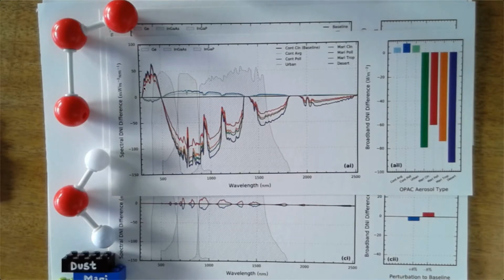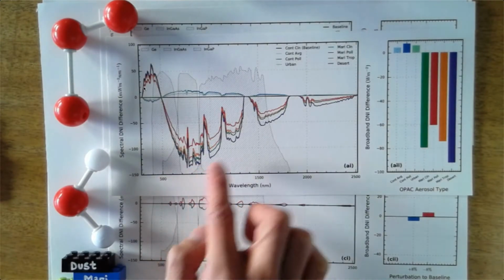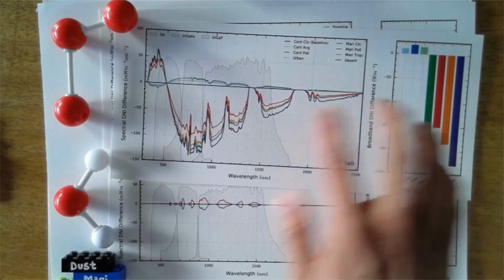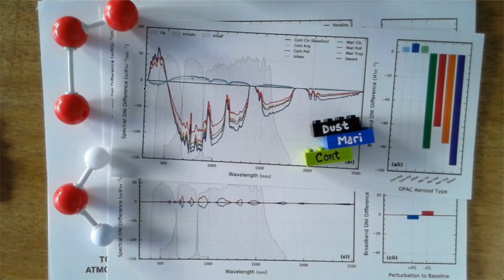And the main variation also occurs around the band gap region, which is most important as far as developing solar cells. So hopefully that convinces you that aerosol is the main thing that we need to account for when we estimate DNI.